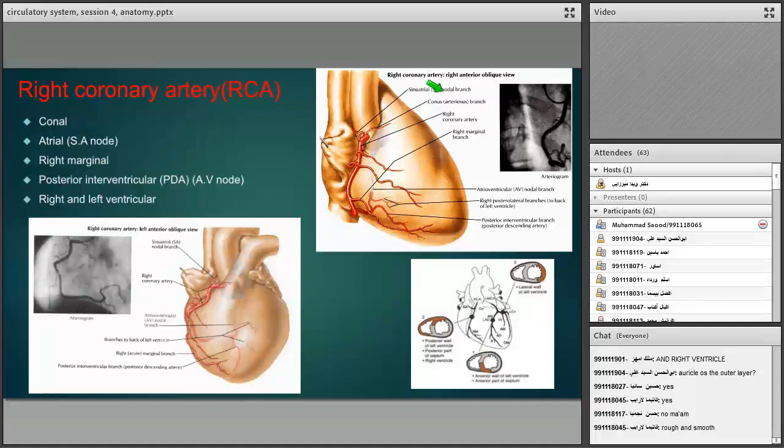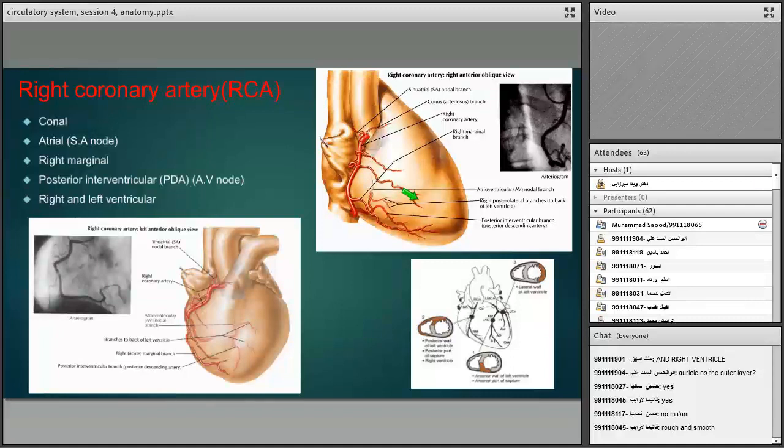But the branch which is supplying the SA node is branching out of the right coronary artery with the name of SA node artery, okay? And other branches are small branches which are supplying the right atrium and the right ventricle.